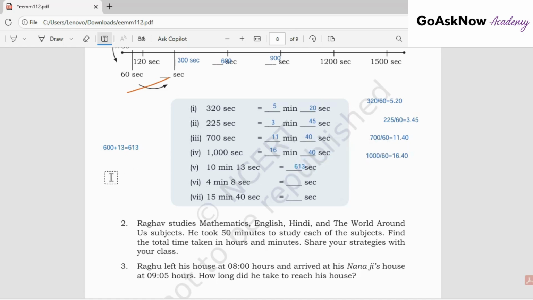Next 4 minutes into 60, which is equal to 240 plus 8 is equal to 248. Here the answer is 248. Next 15 into 60 is equal to 900 seconds plus 40 seconds is equal to 940. Here the answer is 940.